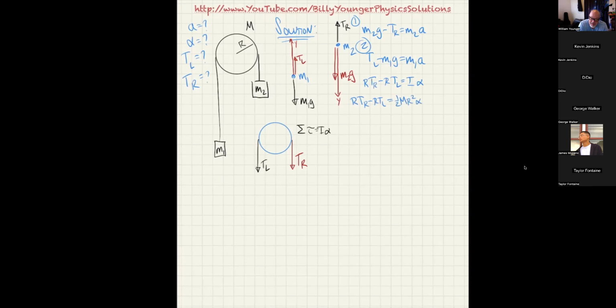That cancels out with these R's, and now I've got 1/2 M R times alpha, but R times alpha is actually equal to A. So this becomes T right minus T left is equal to 1/2 M times A. I've already used what would have been called equation 3, the fact that the rope is not sliding along the pulley, so A is equal to R times alpha.